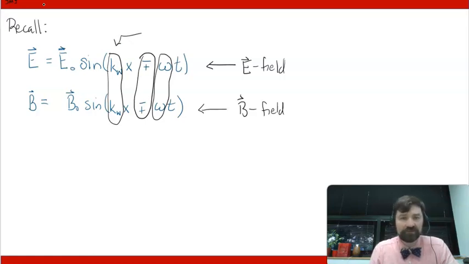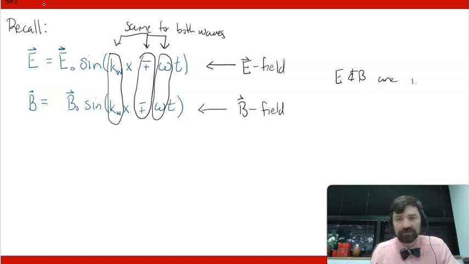Okay, so all three of these pairs, same for both waves. And what that basically means is that E and B are in phase. You can in fact add an additional plus phi naught term, and that's also the same for both. That's your phase offset. So they're in phase.